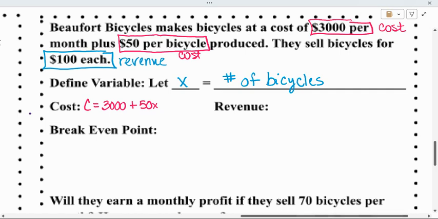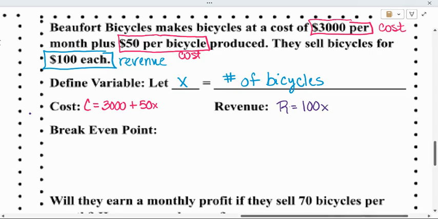Daniel, what's our revenue equation? R equals what? How much do you sell each bike for? Good. 100x. R equals 100x. 100 per bike. So 100 times.